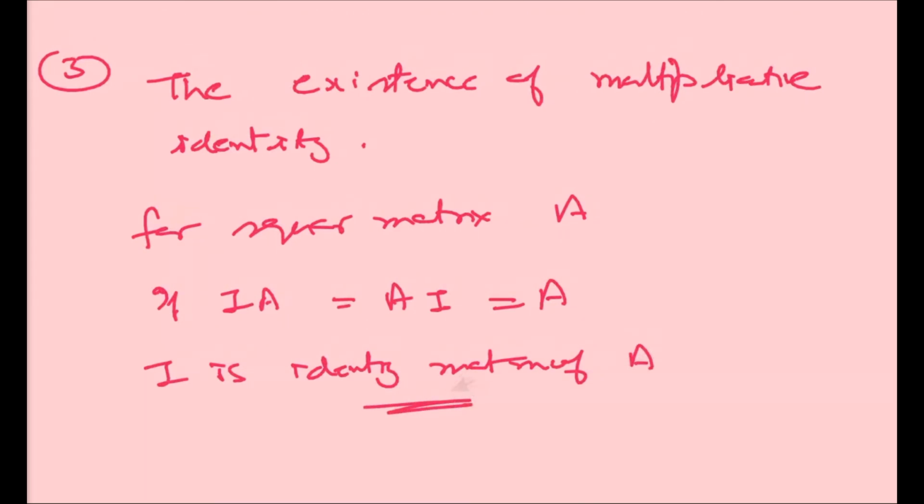So now student, it should be remembered that if A is square matrix of order 2, then I will be taken as square matrix of order 2. Similarly, the order should be same and they will be square.